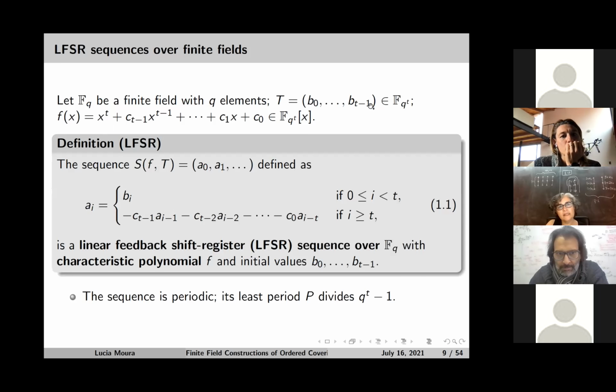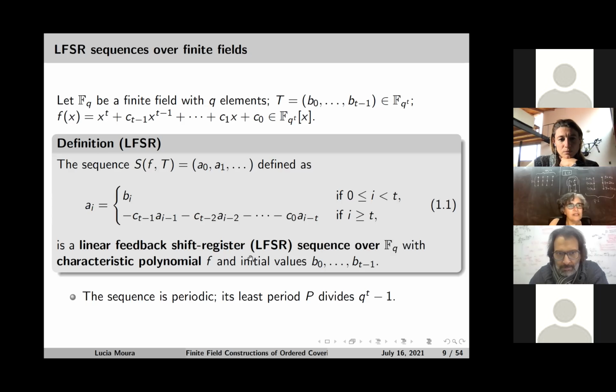So I get t initial values, and then I can look at the sequence formed by using this polynomial as the characteristic polynomial of the sequence. The beginning of the sequence uses the initial values, and after that, I have the linear relation using the previous t values to determine the next value, related to the coefficients of the polynomial.